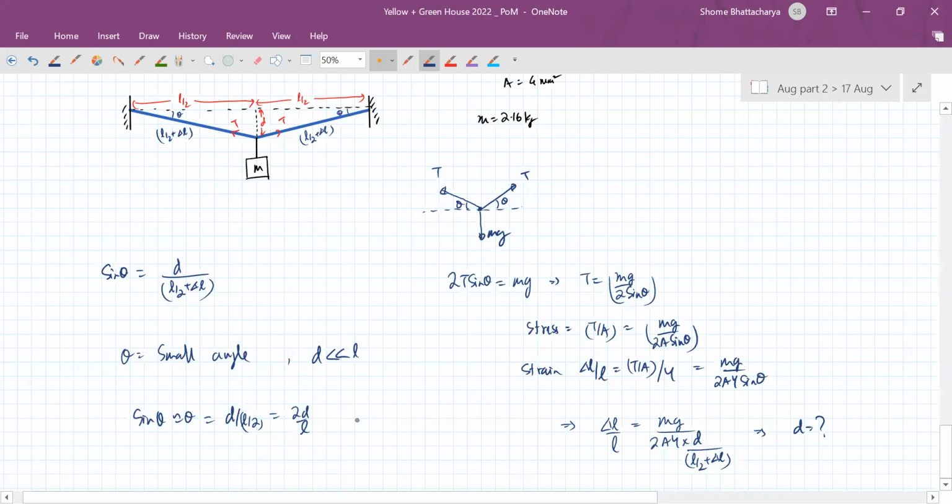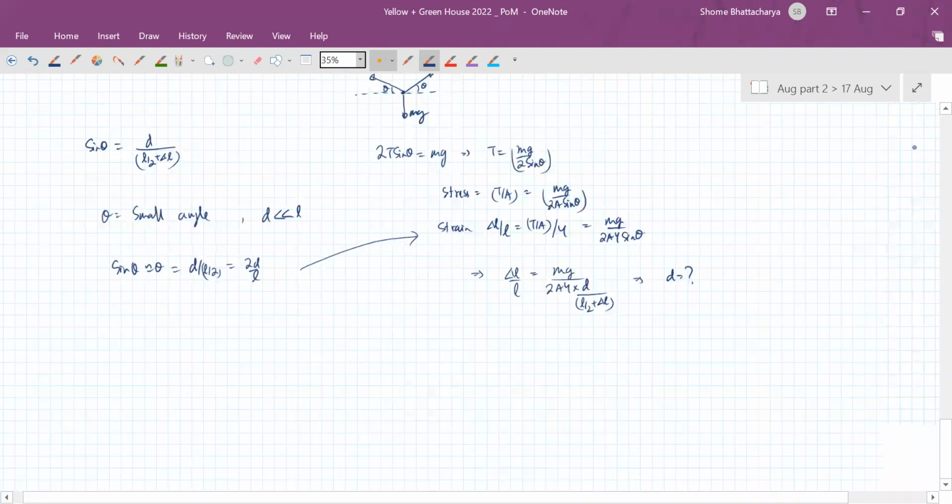We'll apply that approximation over here, and that's how we'll calculate the value of d. So just note it down up to here, then we'll put the numerical values and do the calculation.